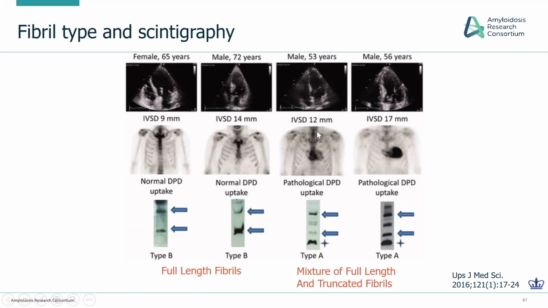And so this is an emerging cause of a false negative scan. This individual does have cardiac involvement, but his PYP scan is negative because he has only full-length TTR fibrils.